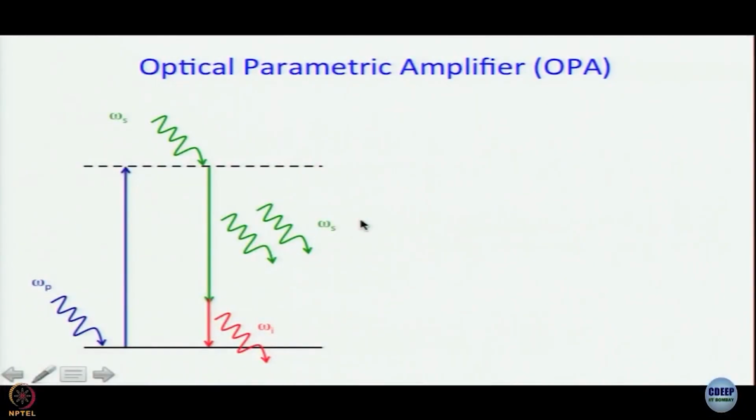Now, you can do this and generate signal in blue or maybe even UV. On the other hand, if you use the fundamental of the amplifier, 800 nanometer as omega p, then you can get things in red and the difference frequency can give you IR.